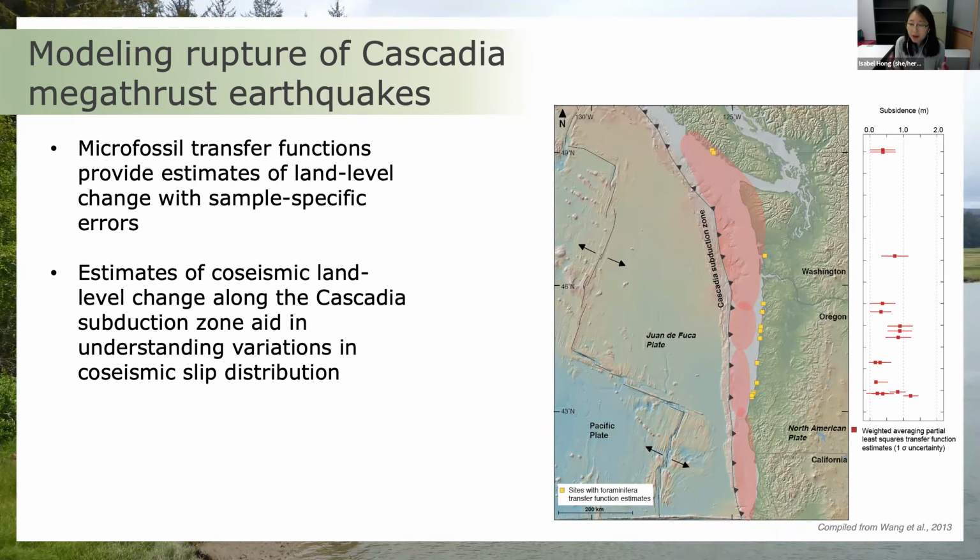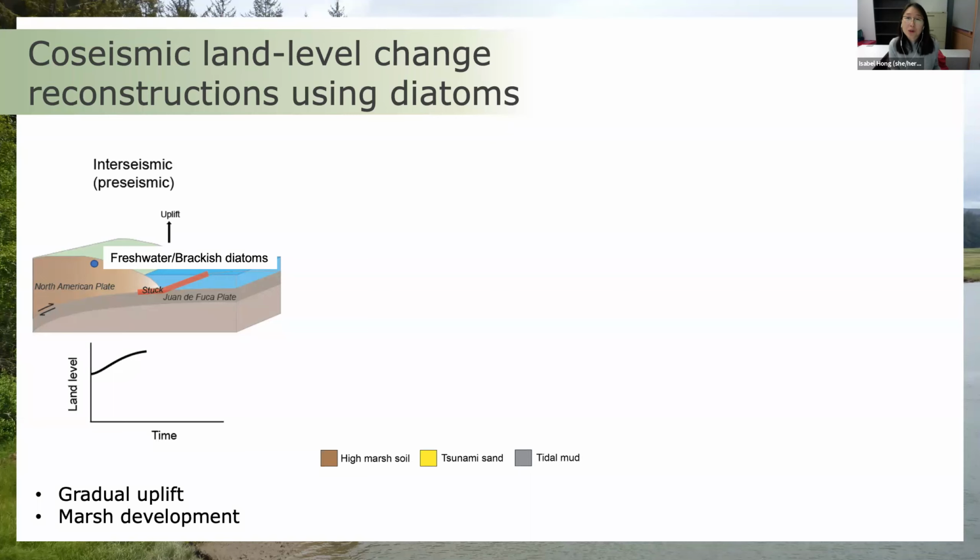That gradual uplift is allowing for the establishment of salt marshes and tidal wetland forests, allowing for the development and accumulation of soils in which we would find predominantly freshwater and brackish diatoms. If we were to measure land level during this interseismic period that is present day, where we're in a time preceding a great Cascadia subduction zone earthquake, what we would then find is land level will be gradually rising over time.